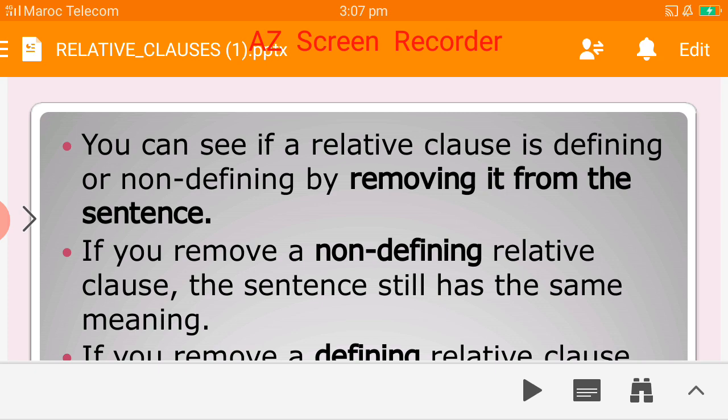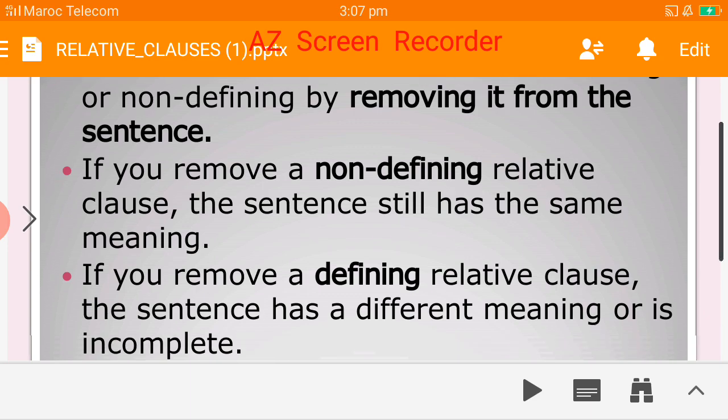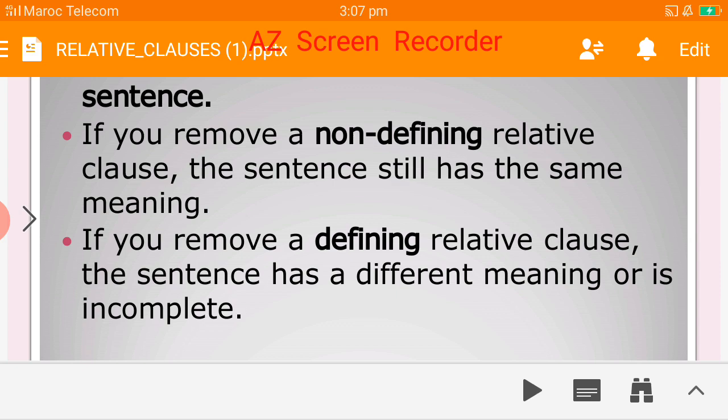You can say if a relative clause is defining or non-defining by removing it from the sentence. If you remove a non-defining relative clause, the sentence still has the same meaning. If you remove a defining relative clause, the sentence has a different meaning or is incomplete.